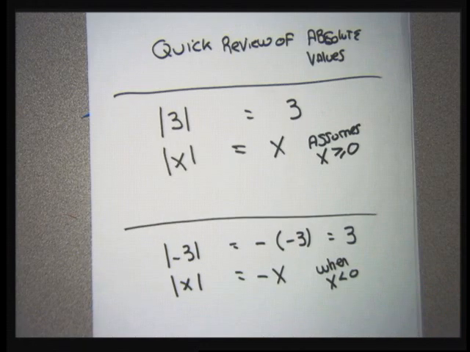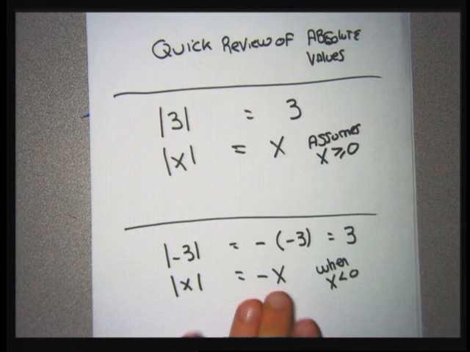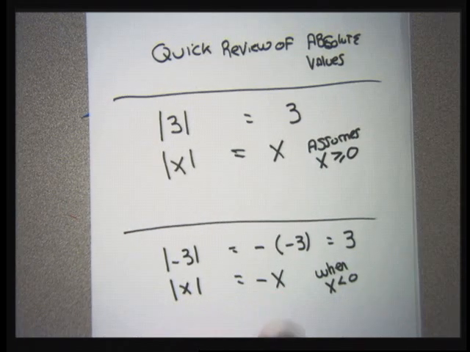So for variables, you can't just drop the absolute value unless you know that the absolute value is holding the place of a positive number. If the absolute value is holding a place for a negative number, then you have to find the opposite of what's under the absolute value, and the opposite of x is -x. So it looks to me like I'm making an absolute value negative. I'm not. I'm turning a negative number positive by finding its opposite.